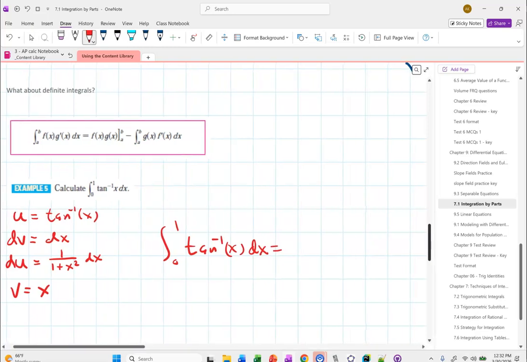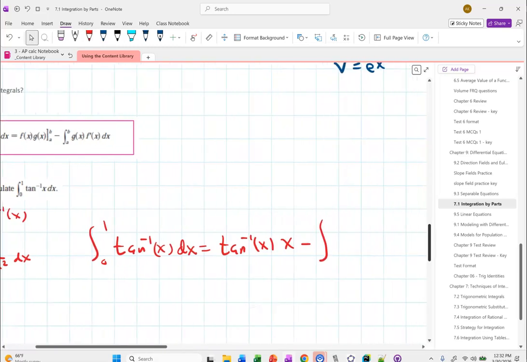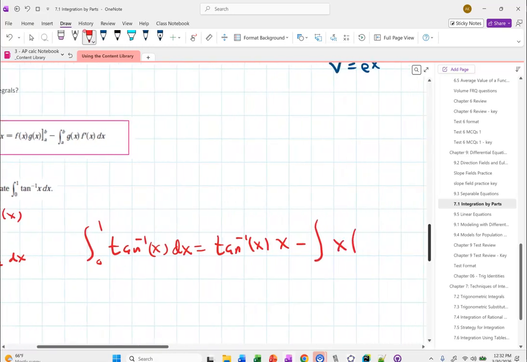Okay, so we have u times v minus the integral of v du.